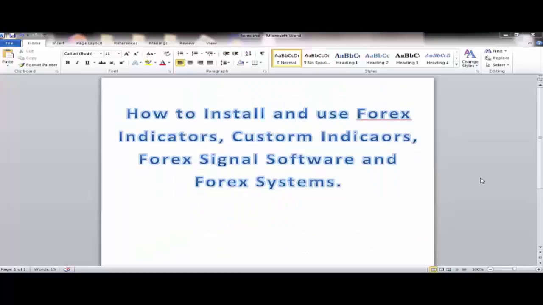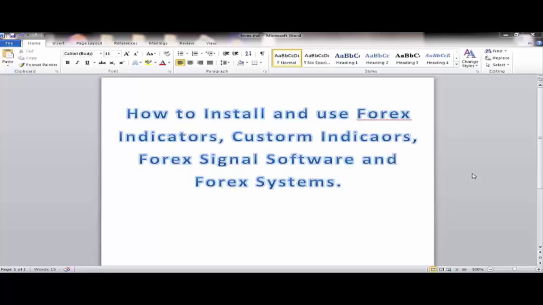Hello, in this guide we are going to be looking at how to install and use Forex indicators, custom indicators, Forex signal software and Forex system. All of this we are going to be looking at one after the other. Forex indicators are the indicators that come with the MT4 platform.